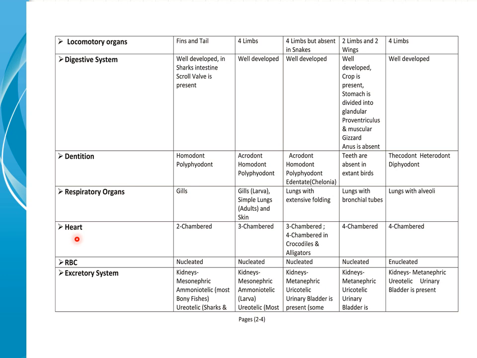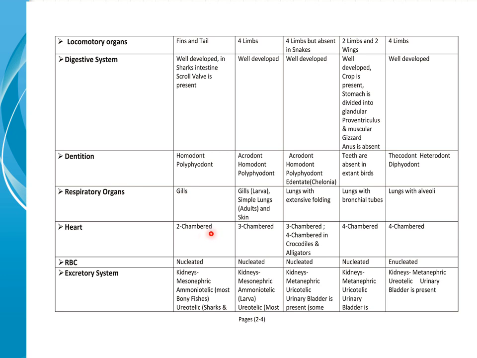Next characteristic feature is the heart, which is a part of the circulatory or the blood vascular system of vertebrates. If we see the heart of fishes, it is two-chambered with one auricle and one ventricle.